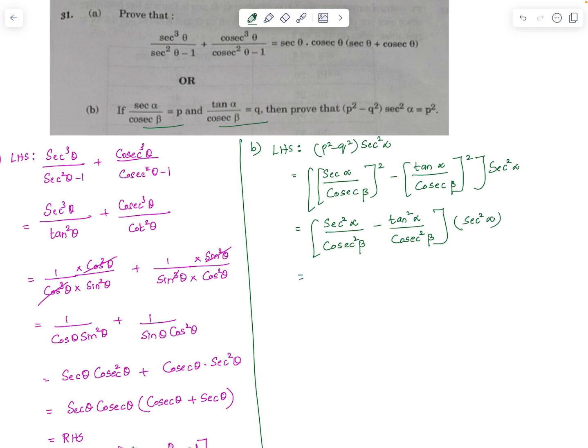Since the denominators are same, the numerator becomes sec square alpha minus tan square alpha upon cosec square beta times sec square alpha.